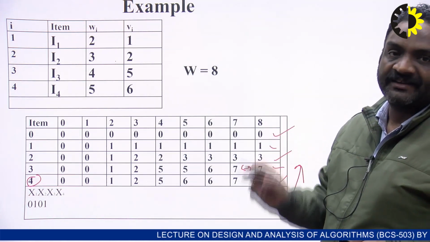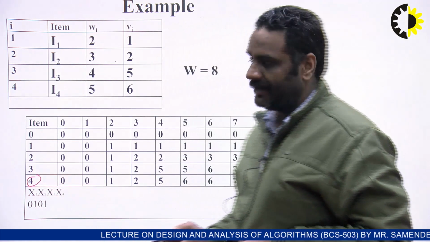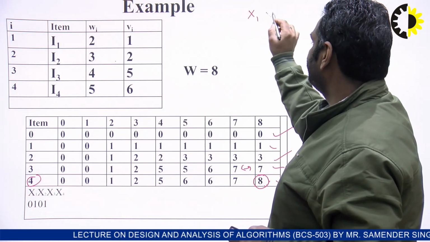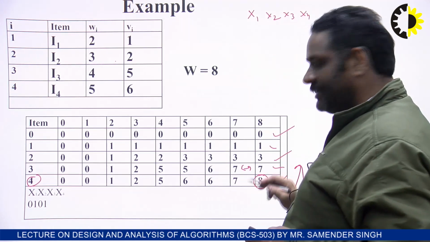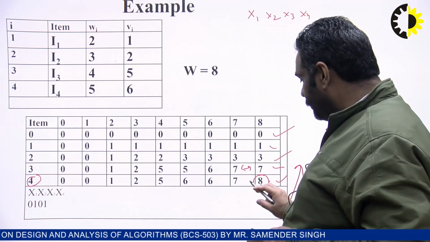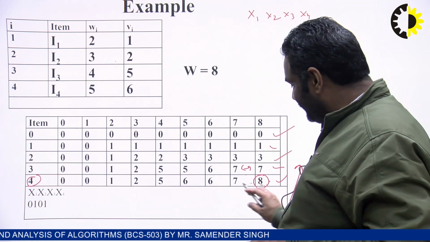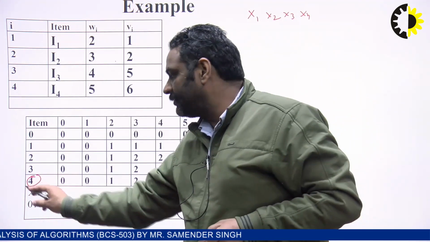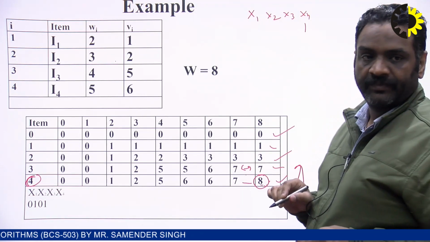We can say maximum profit is achieved by including the fourth element. Suppose we have x1, x2, x3 and x4. So this entry, maximum profit is 8, and this is not repeating in the previous row. So we are including this respective element, that is the fourth element.